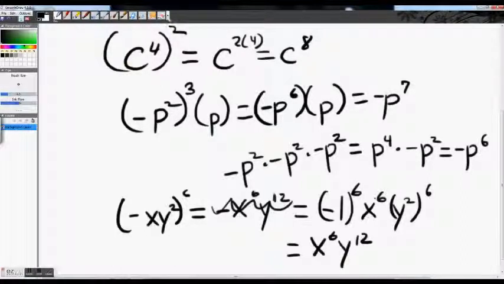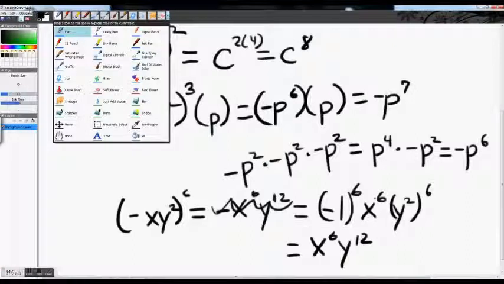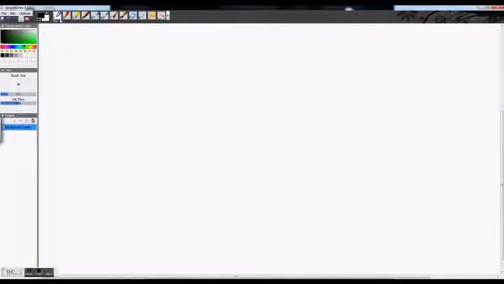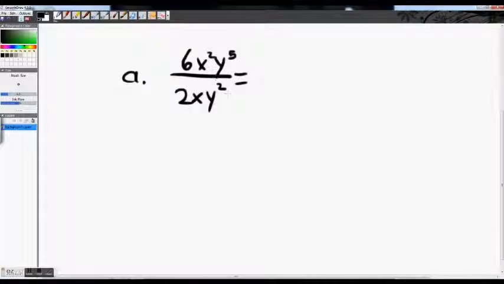Now, let's look at something a little bit more involved. Let's simplify 6x squared y to the fifth divided by 2xy squared. Now, what we're going to do, of course, is divide. We'll divide 6 by 2 and get 3.